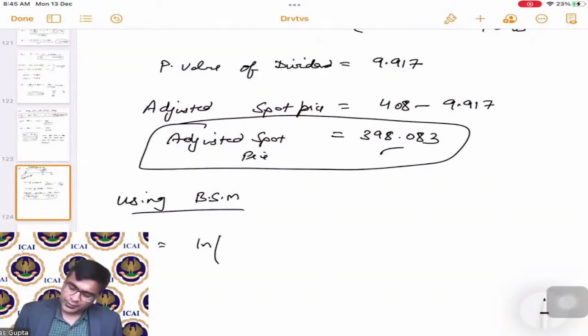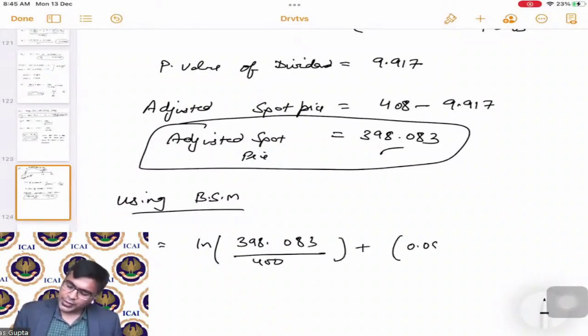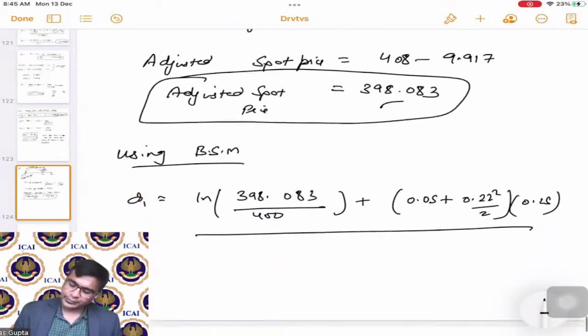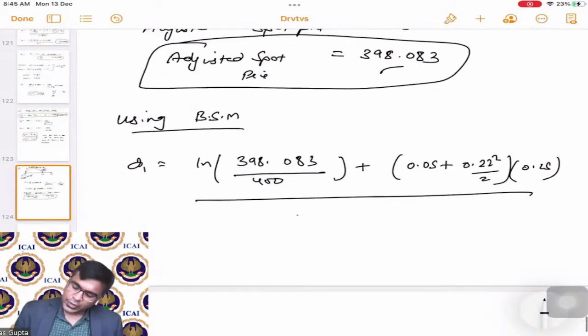D1 is log of 398.083 divided by 400, plus 0.05 plus 0.22 square divided by 2, multiplied by 0.25, whole divided by 0.22 under root of 0.25.